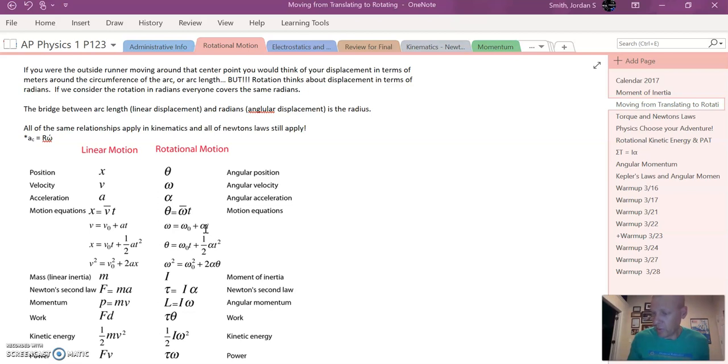That's also negative. So 5.4 divided by 1.03, and I get 5.24 seconds. Seems fair. And again, that is in seconds.